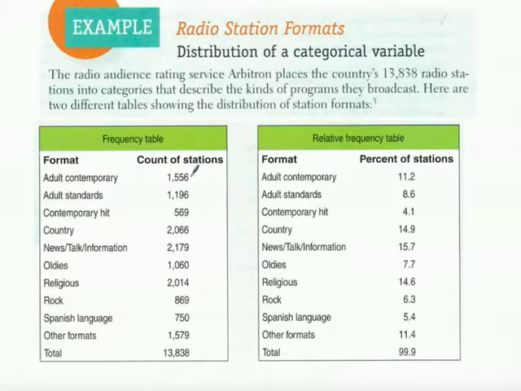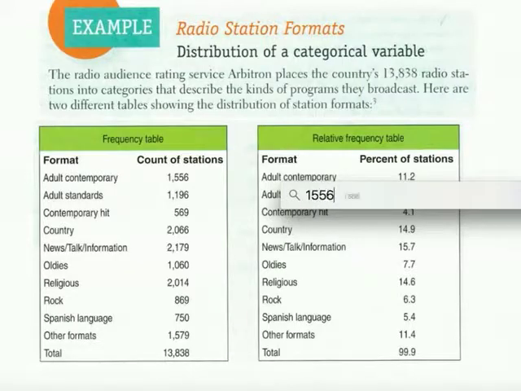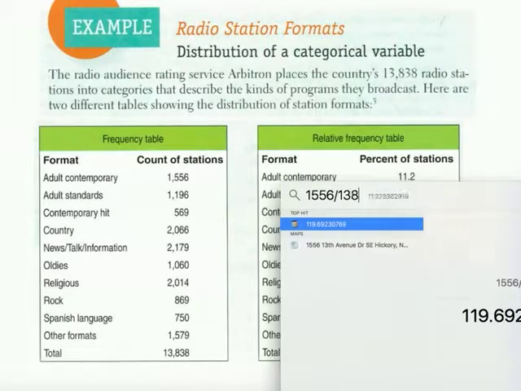And so the way that we find that is we take 1,556 and divide it by 13,838. So 1,556 over 13,838 gives us approximately 0.112. And if we were to change that into a percent, because our relative frequency table is always done on a percent, we would bump our decimal back 2 places to get 11.2%.